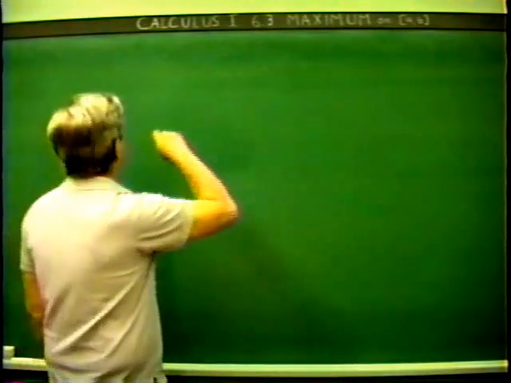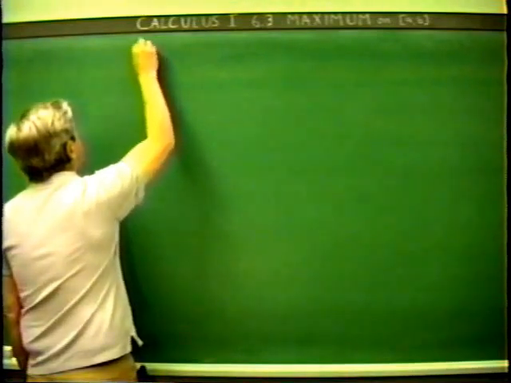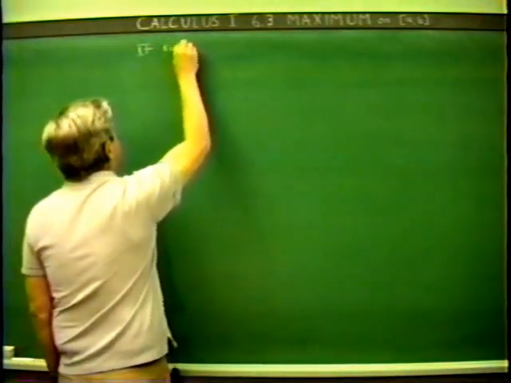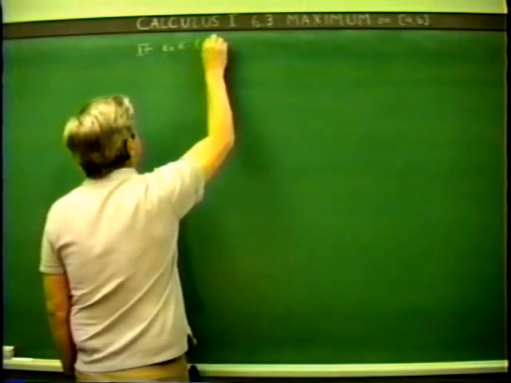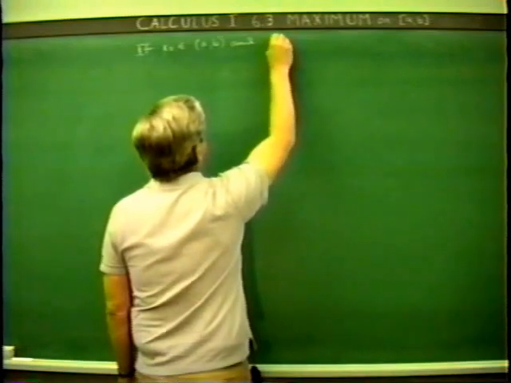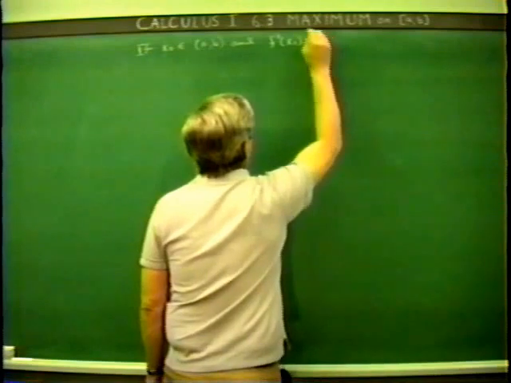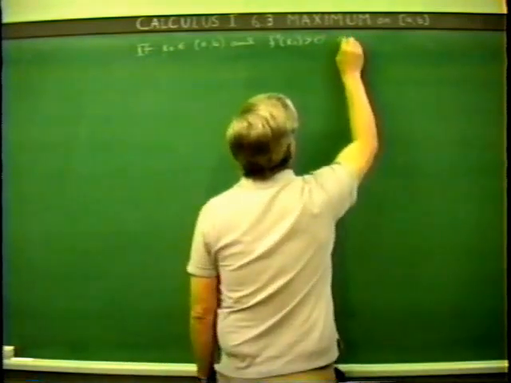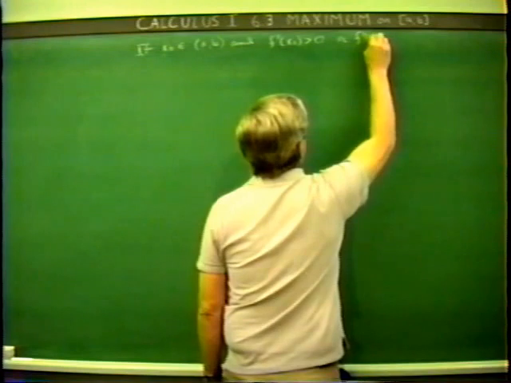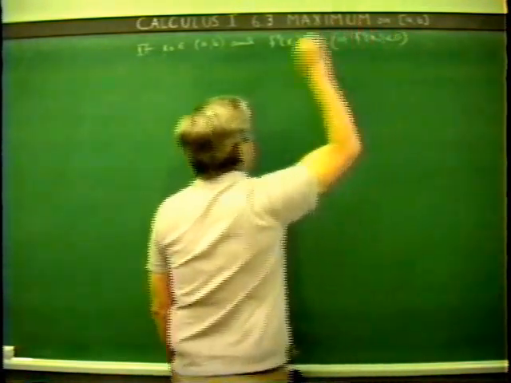Okay, we now want to take a look at a situation where f does not take on its minimum or maximum at a particular point. That is to say, if x naught is in the open interval AB, and a derivative exists at x naught and it's greater than 0, or the derivative is less than 0.